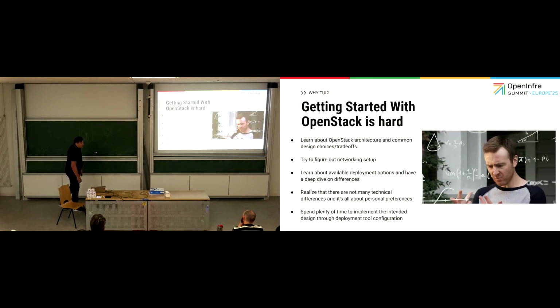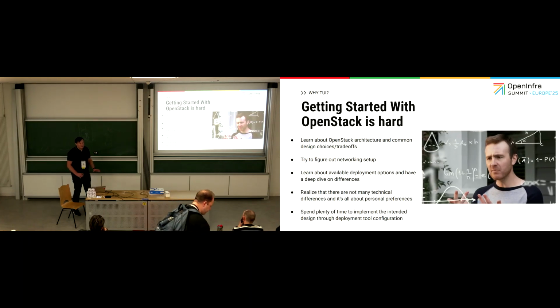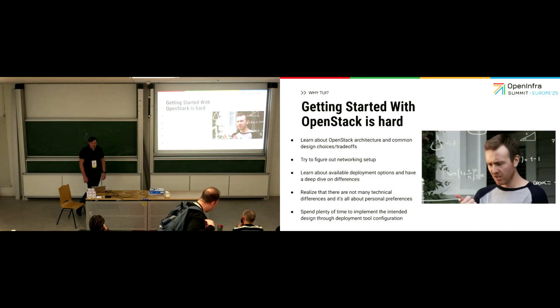The problem is that getting started with OpenStack might be really hard. There are plenty of deployment tools which exist and which do a great job, but you still need to account for a lot of things.